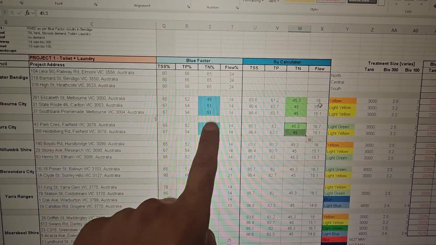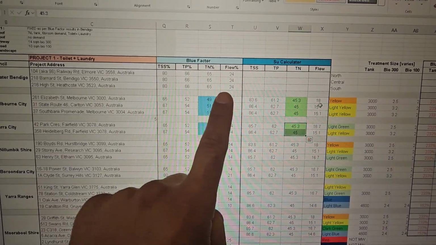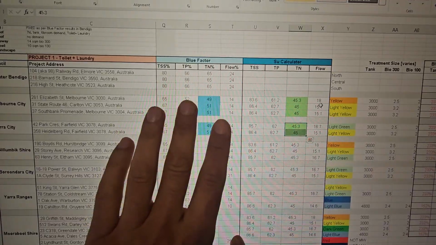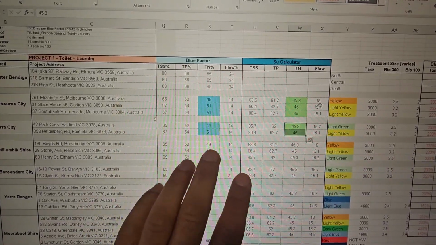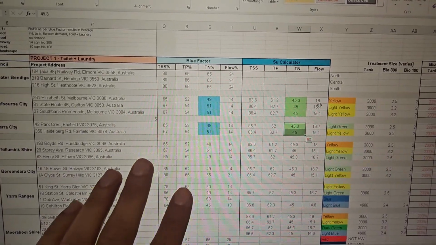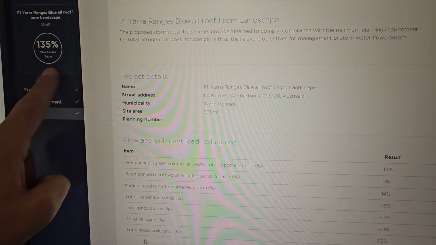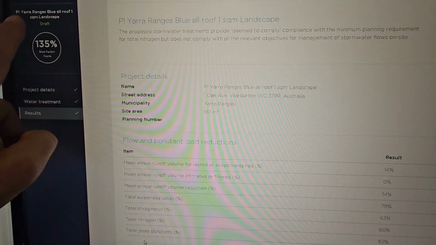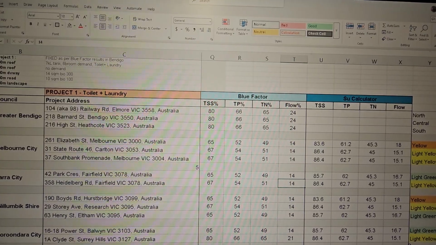So Blue Factor overestimates how much reduction you have, which means that you'll be able to get away with a smaller device. If you only care about this number here, well, you'd be shafting the environment, but we don't really care about that. We care about if the authority accepts what we're doing.